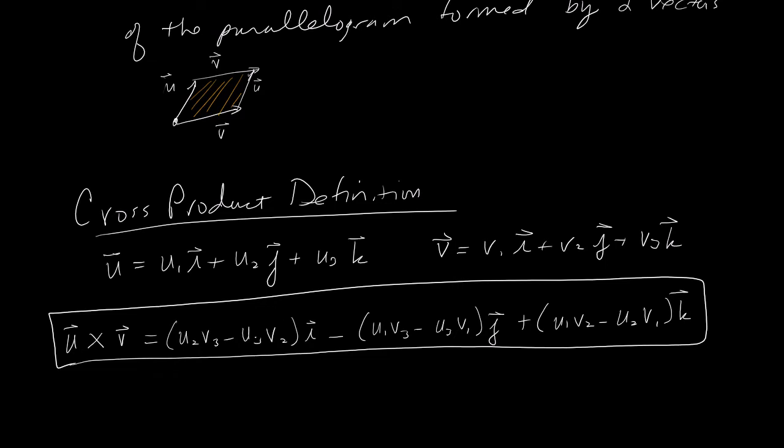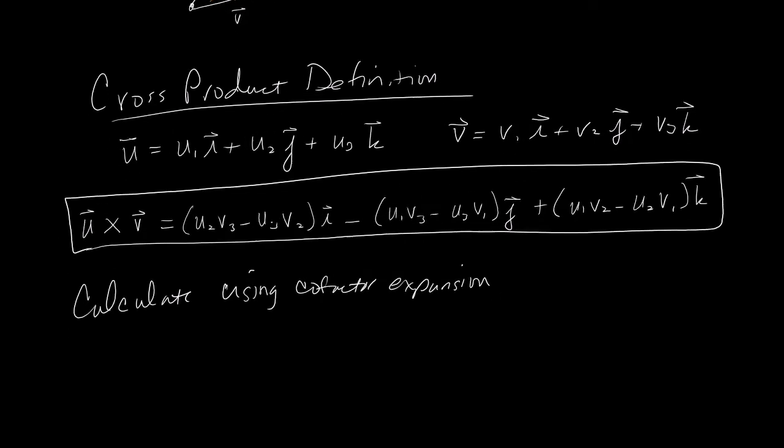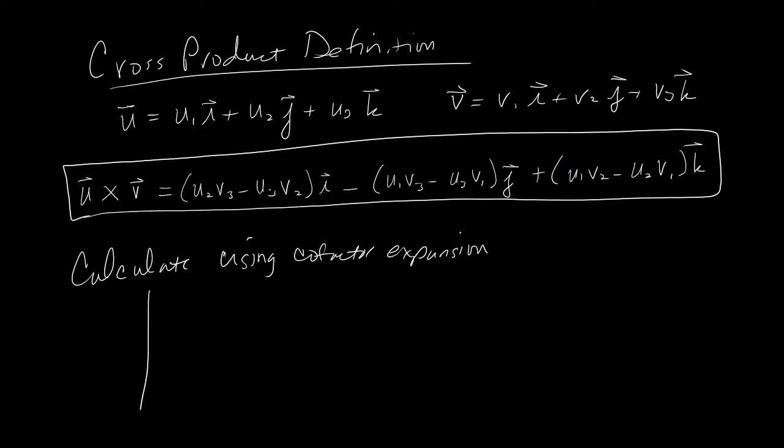That's a whole lot of information, but we can calculate this conveniently using the determinant and cofactor expansion. So let me show you what I mean. We're going to do a 3 by 3 determinant. The first row is going to be i, j, k.